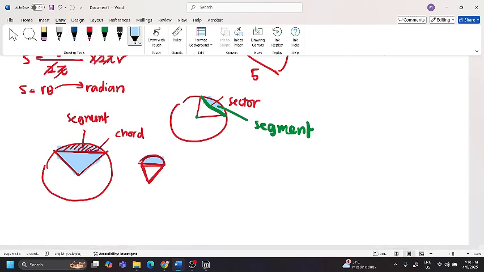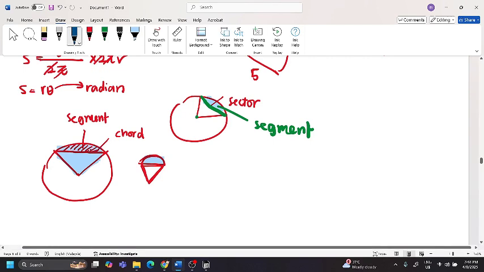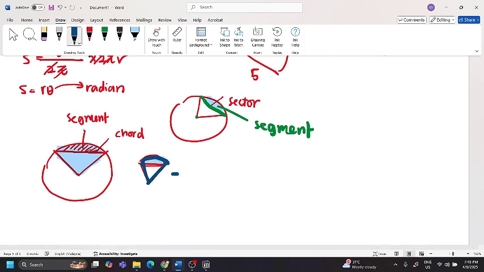I only want the blue part, the ice cream part. I don't want the cone part. So I use the whole sector minus the cone part, then I can get the ice cream part only.